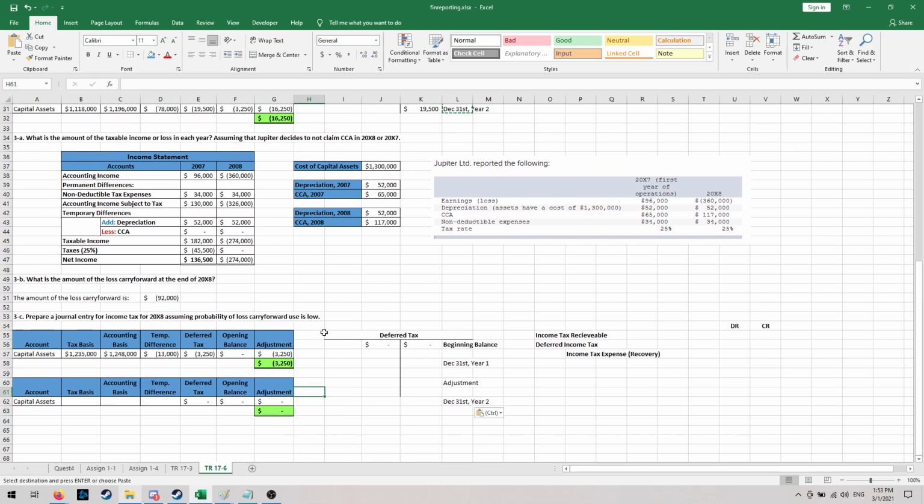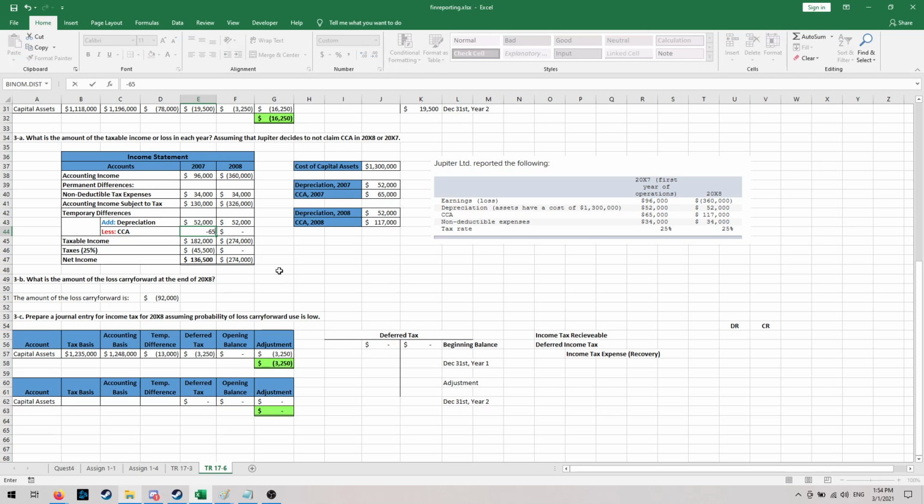So another important thing to remember in this specific case is that we actually did take this CCA, so in part 1, even though this is the answer it wants when you fill out the income statement, this isn't actually the correct answer in terms of what we really did.